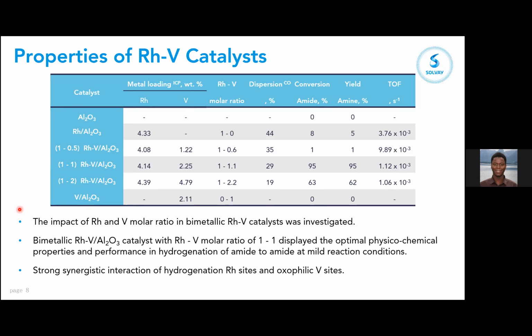So the two active centers are necessary, or you actually need to have a synergetic effect or interaction between the hydrogenation rhodium site as well as the oxophilic vanadium site, which delocalizes the charge in the carboxamide functional group, making it easier to hydrogenate the carboxamide functional group.